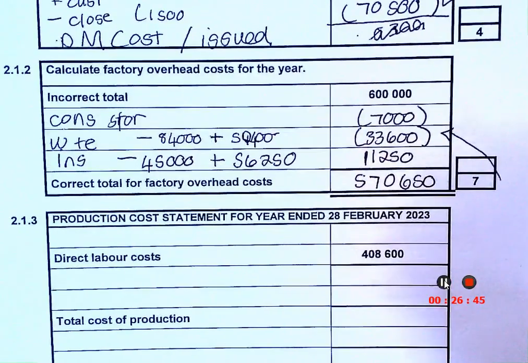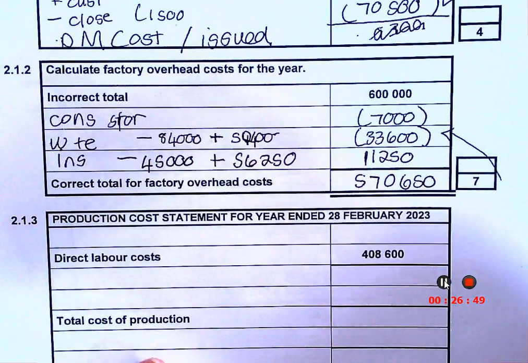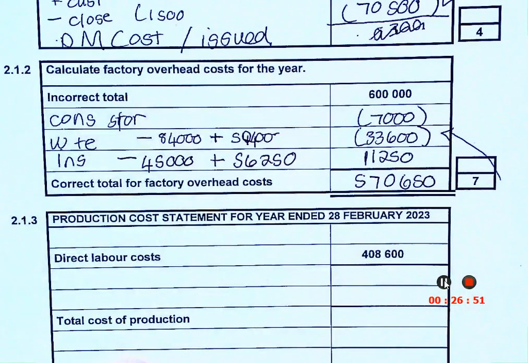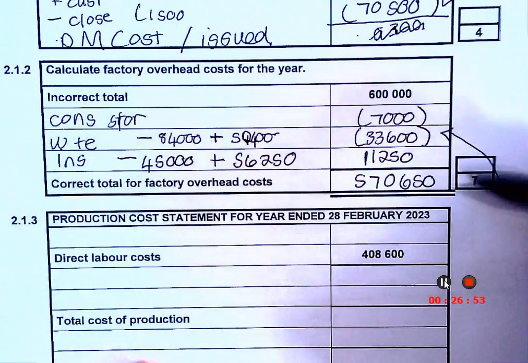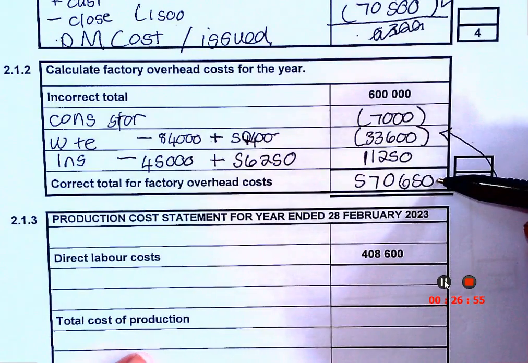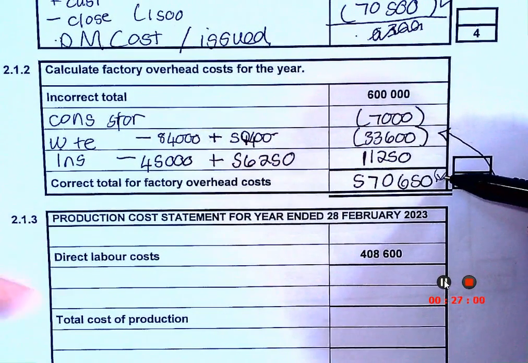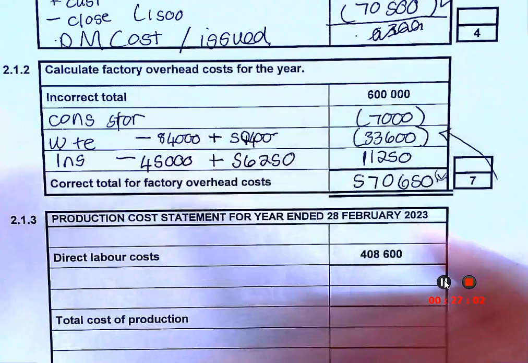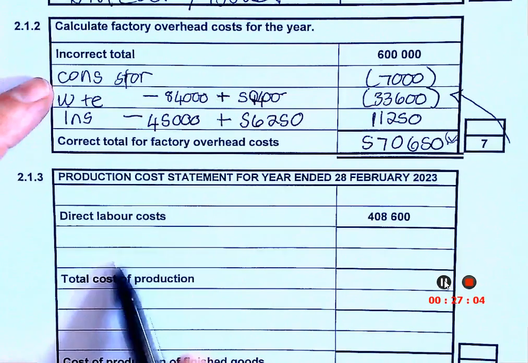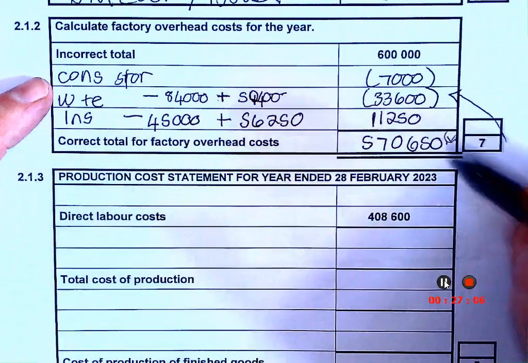Okay. So, you guys, I say this, and I hope you hear me. It is extremely important to have your totals. Not just to get a mark, but if you transfer it, because if you look at the production cost, you're going to need factory overheads.